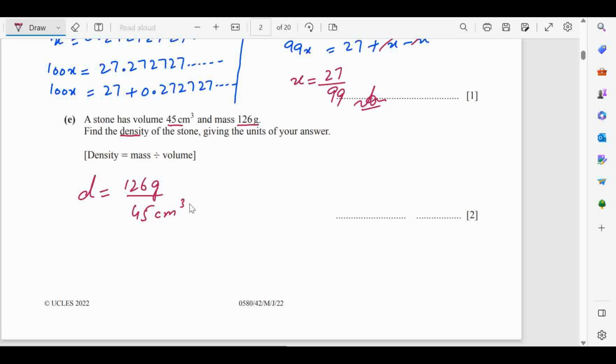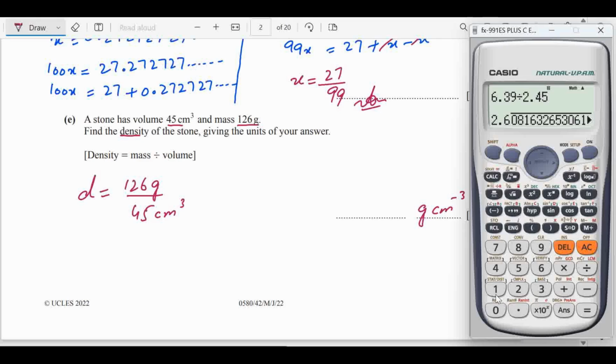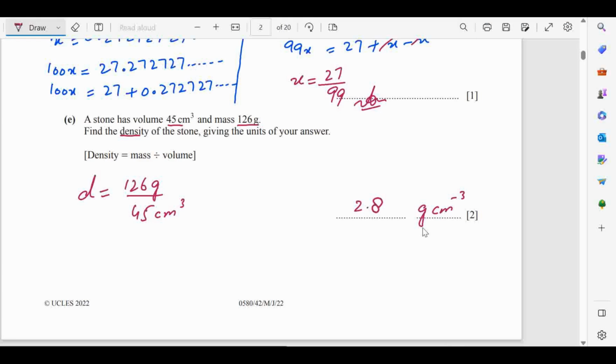So the unit will be grams per centimeter cube, or g cm to the power minus 3. From here we divide 126 by 45, which equals 2.8. This will be the final answer. Let's move to question number 2.